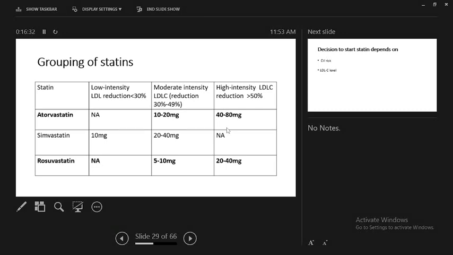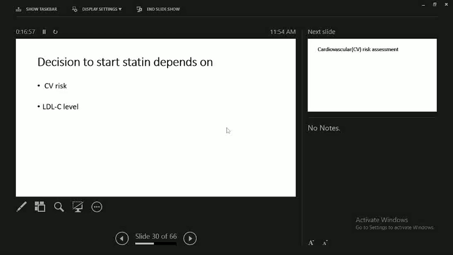Atorvastatin 40 to 80 and rosuvastatin 20 to 40 can do that. This is called high intensity, high dose statin. For moderate intensity, that is a reduction of LDL by 30 to 49% with atorvastatin 10 to 20 and rosuvastatin 5 to 10. Simvastatin has no high intensity part, so because of that, we don't use it.